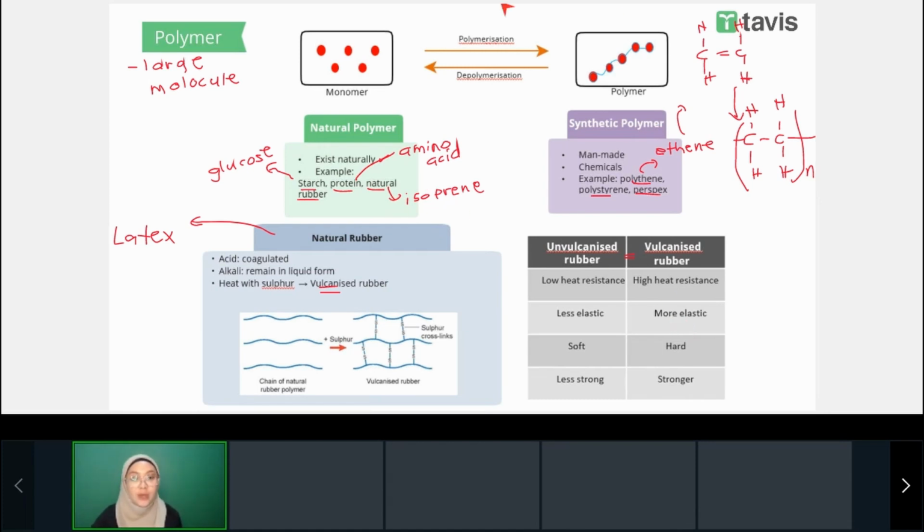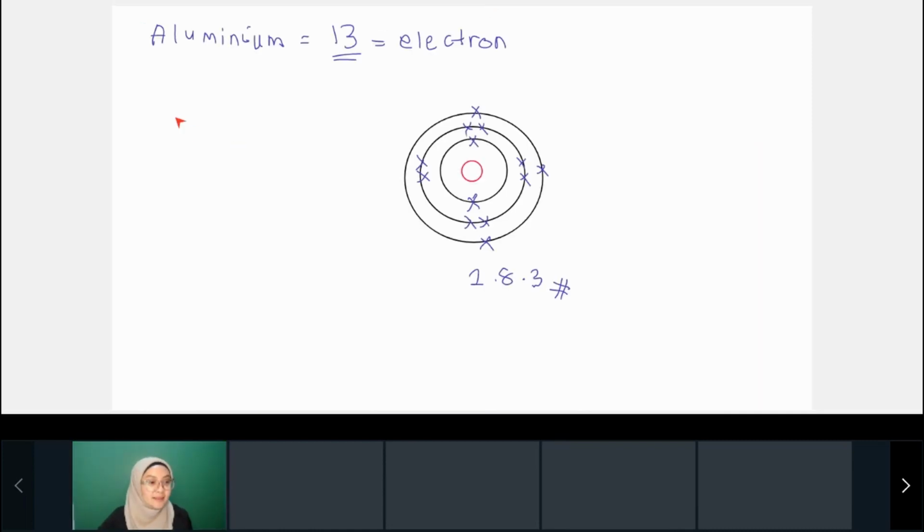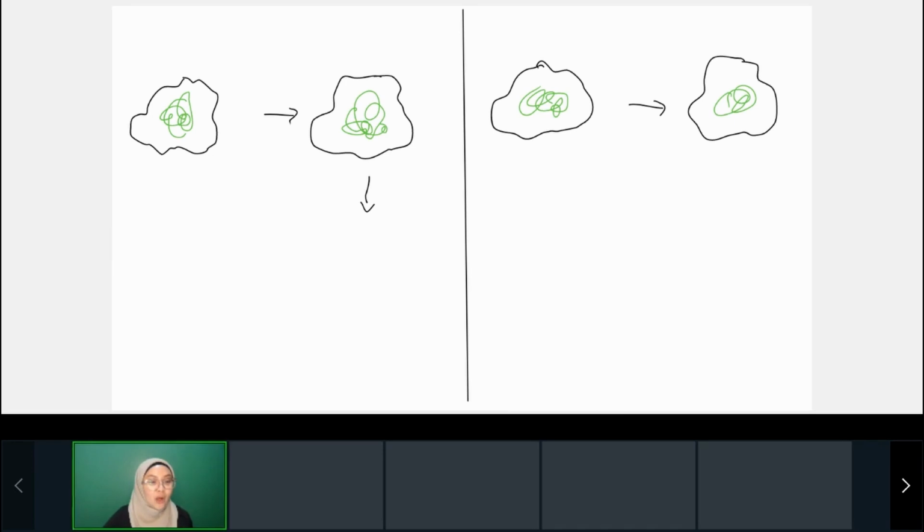Okay, now I'm going to explain what happens when you add acid or alkali to the latex. Let's do some drawing. Okay, now I have a latex.